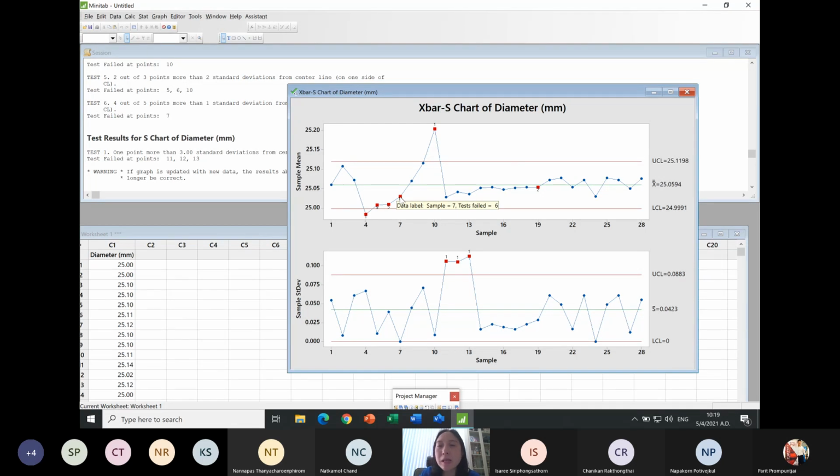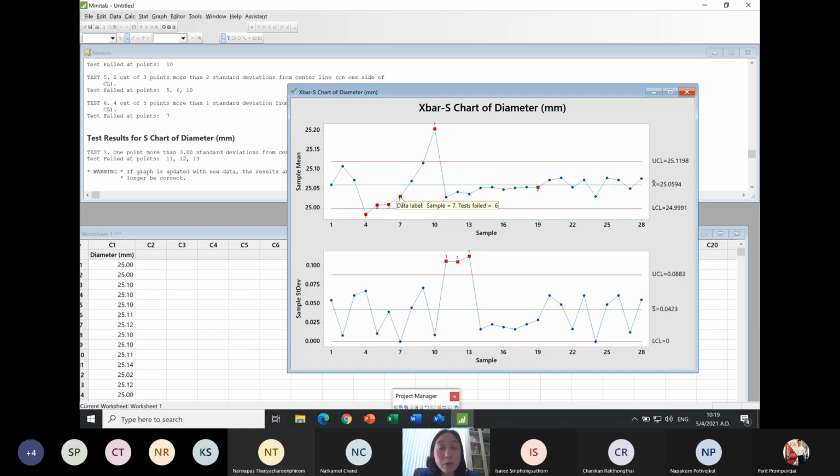But if I ask you more than that, this abnormal pattern appears during which subgroups? Does it appear only on subgroup number 7 or other subgroups also? The abnormal pattern here means the mean shifted down.